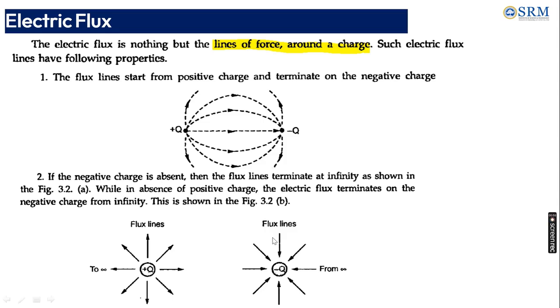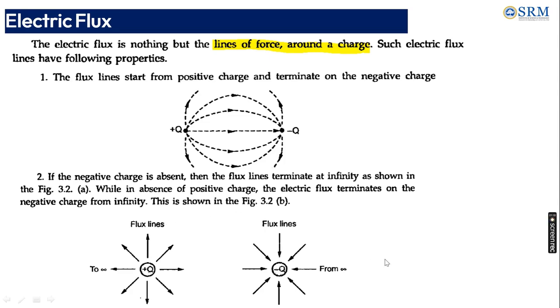We just now saw that electric flux is nothing but lines of force around the charge. So these lines of force are called flux, right? The flux lines start from positive charge and terminate at negative charge. In the absence of negative charge, flux lines will emerge from the positive charge and terminate at infinity.